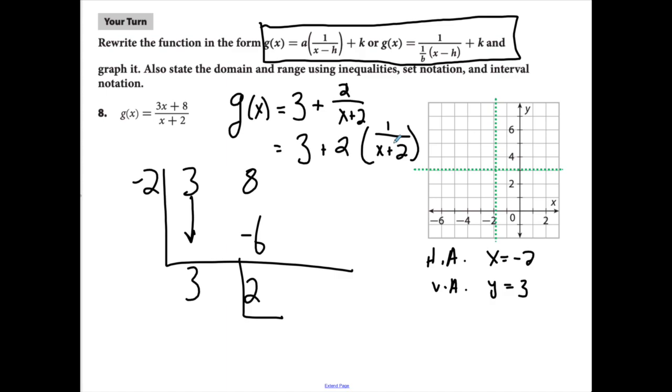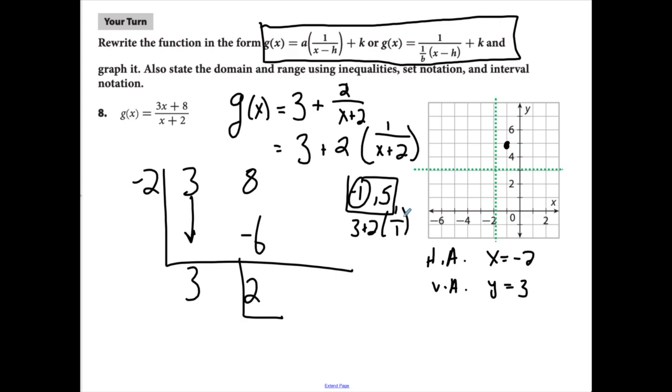It would be really, really great if I could make this denominator 1. So I'm going to plug in negative 1. When I plug in negative 1, I get 3 plus 2 times 1 over 1, because negative 1 plus 2 is 1. So it's 3 plus 2, which is 5. So negative 1, 5.